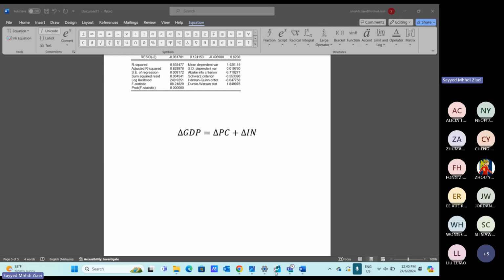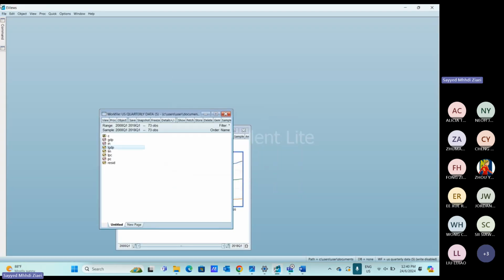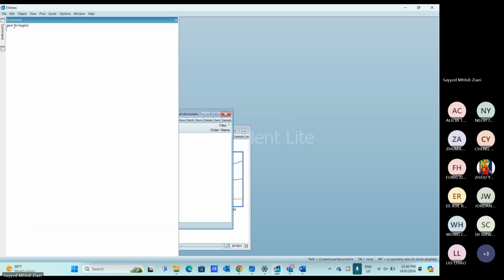So how to define the delta for the software? Again, go to the command section. Use generate. Generate what? We need to have D for delta. So we need to have D GDP. Generate D GDP.